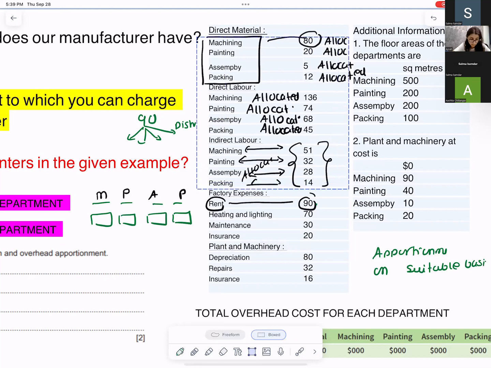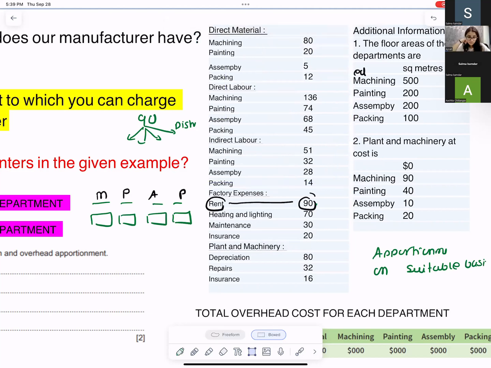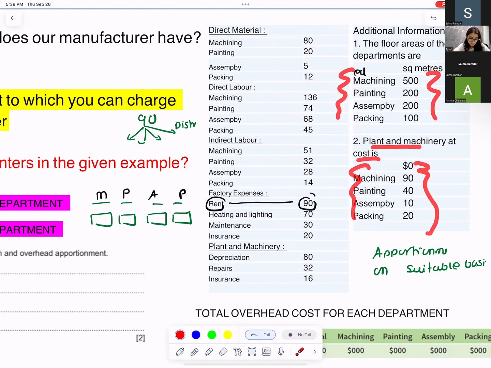The suitable basis will be given to you. So over here, if you see, there is some additional information. Floor area is given and plant and machinery cost is given for each cost center. Can you see that?